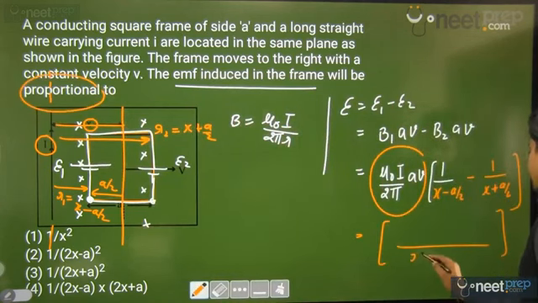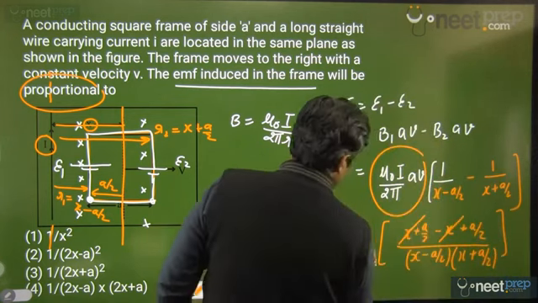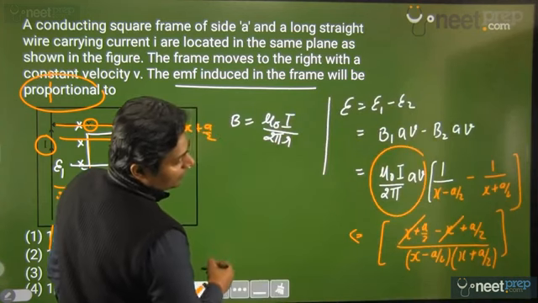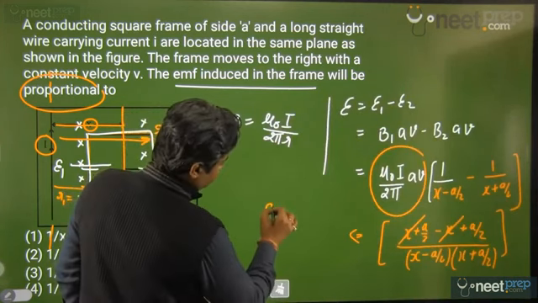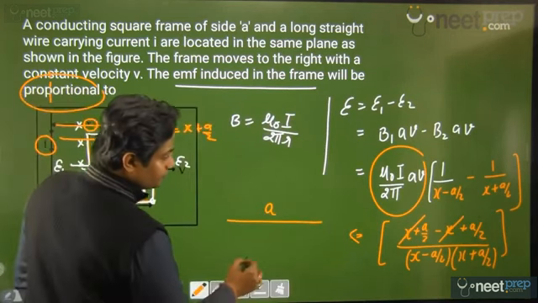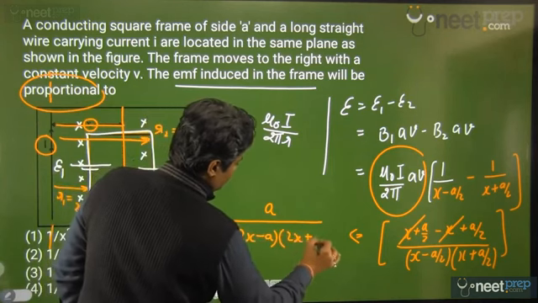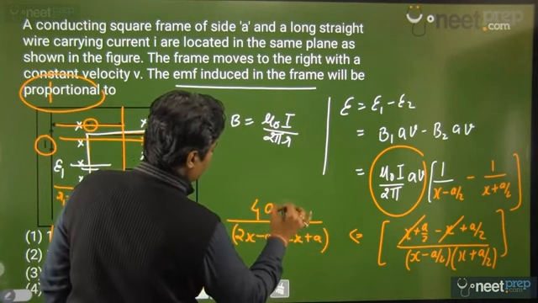So this will become x minus A by 2 into x plus A by 2 in the denominator, and in the numerator it will be x plus A by 2 minus x plus A by 2. So x gets cancelled out and we get A. When you rewrite this, A by 2 plus A by 2 will be A upon, in the denominator, 2x minus A into 2x plus A times 4, into some constant k.